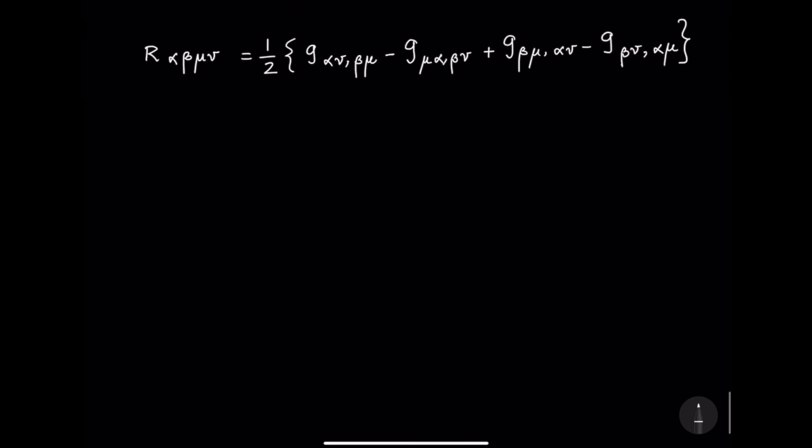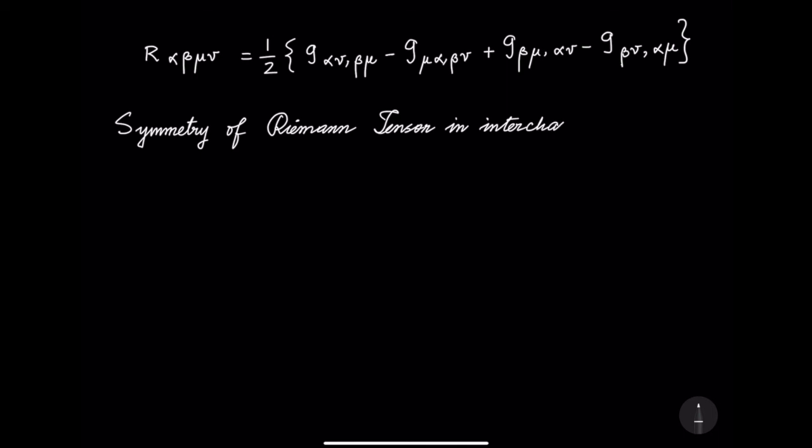Let's look at the symmetry of this. So I have R alpha beta mu nu.